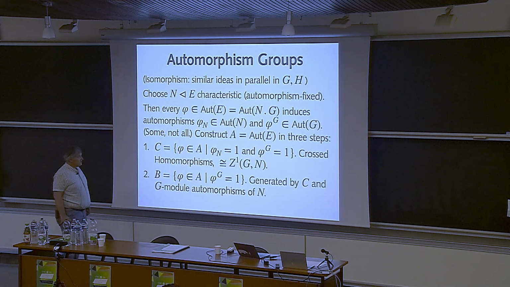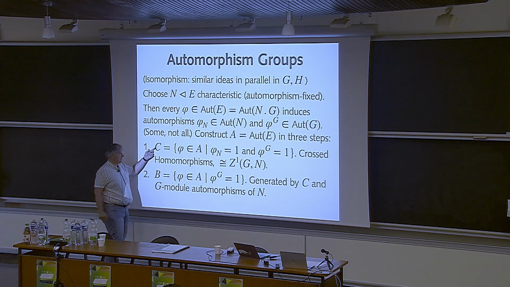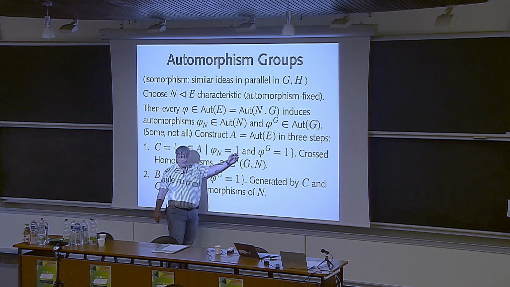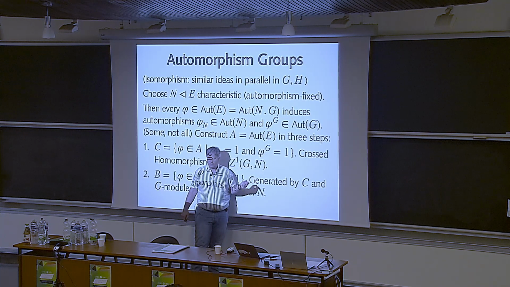Now, what we do is, again, inductive step, we assume we know the automorphism group of the factor, and we now construct the automorphism group of the whole group in 3 steps. The first step is we calculate a subgroup of the automorphism group, which I call C, which are those automorphisms that act trivially on the normal subgroup and trivially on the factor group.